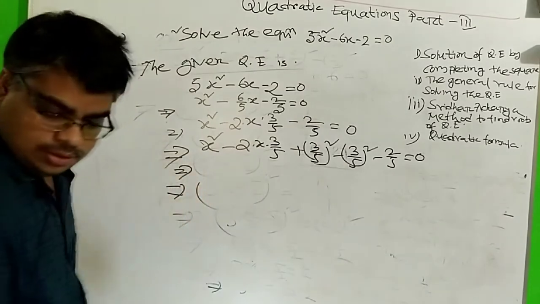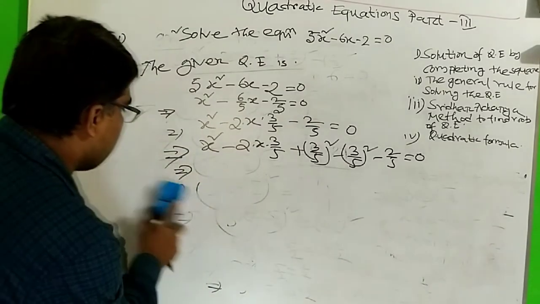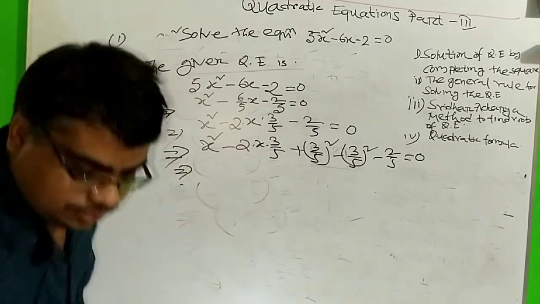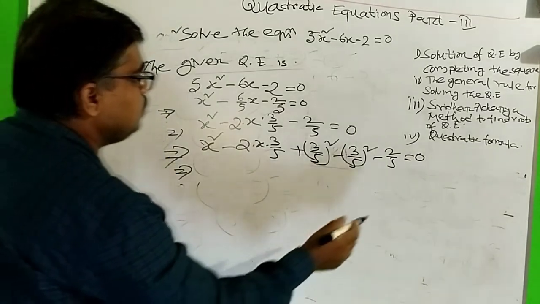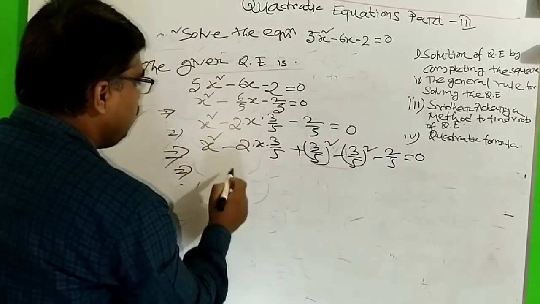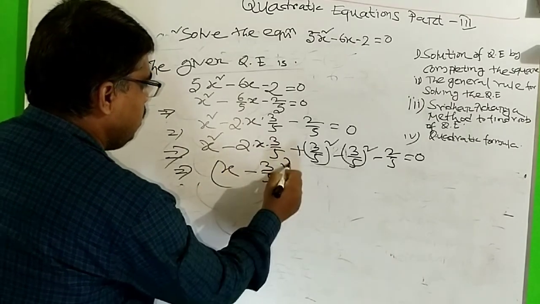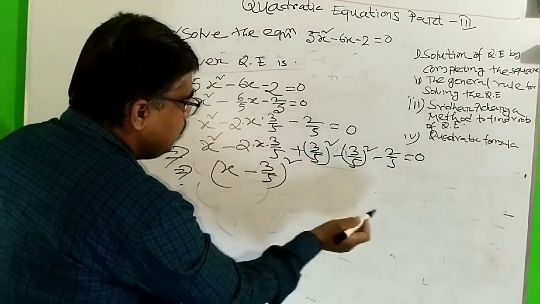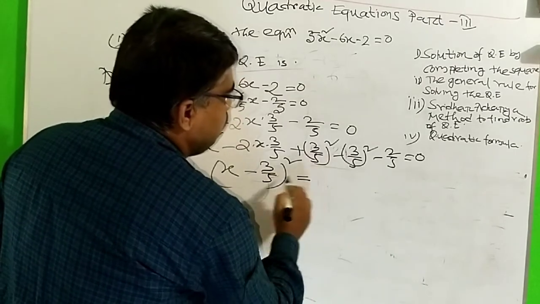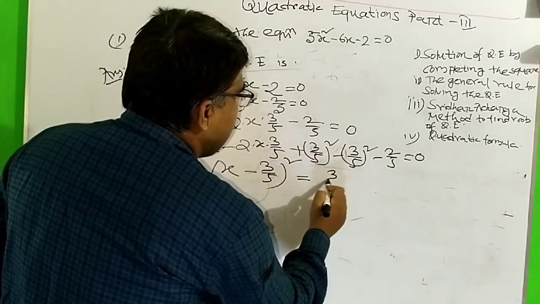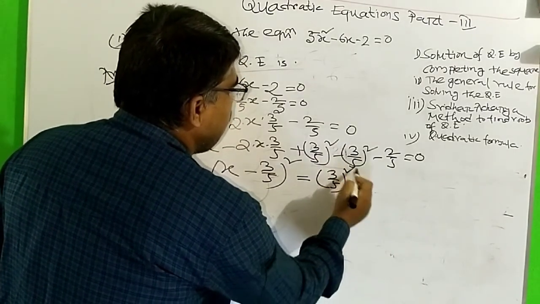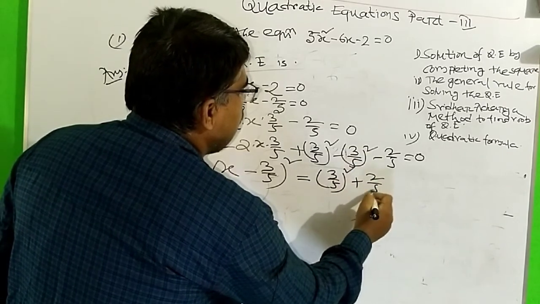This implies x minus 3 by 5 whole square equal to 3 by 5 whole square plus 2 by 5.